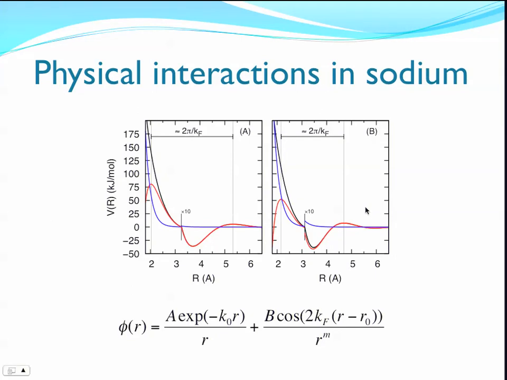So first of all, we decided let's remove this oscillatory part and study the behavior of the system described by the pure repulsive term. It turns out that we do not see any anomalous melting for this system. However, on the next step, we decided to include the short-range repulsion wall, which partially includes this oscillatory term.